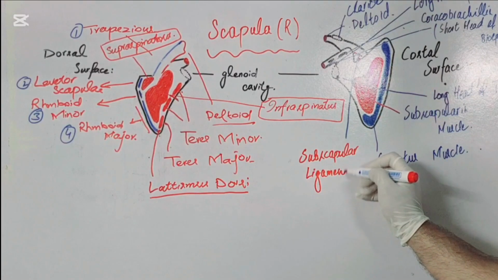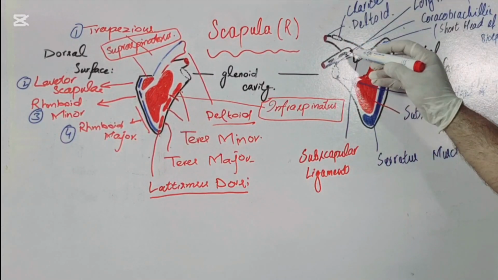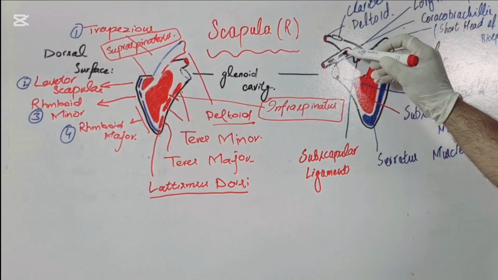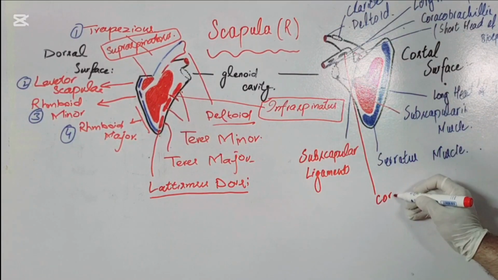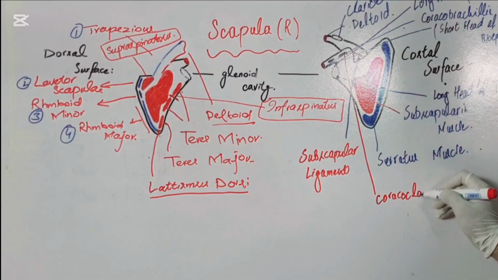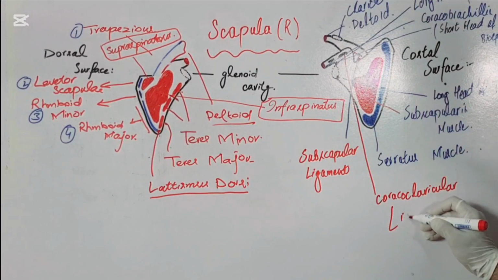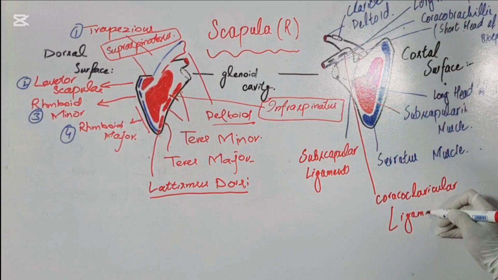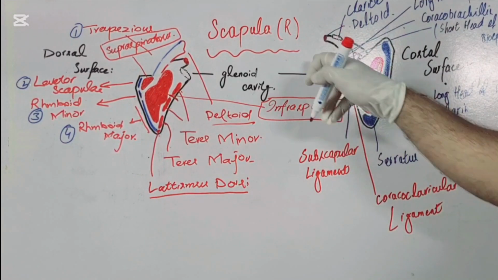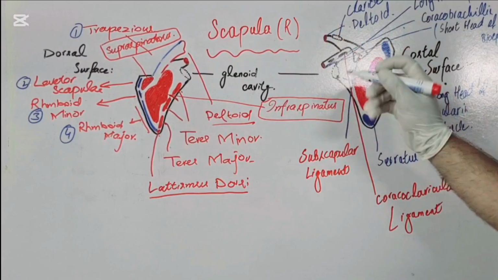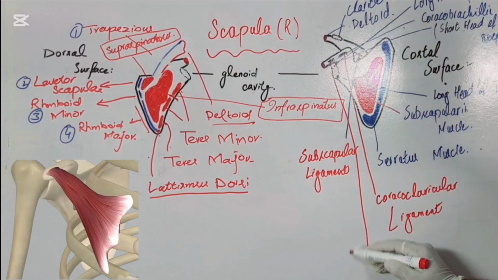And the other one on the coracoid process is coracoclavicular ligament. And the muscle that is inserting into the coracoid process, here we have pectoralis minor.